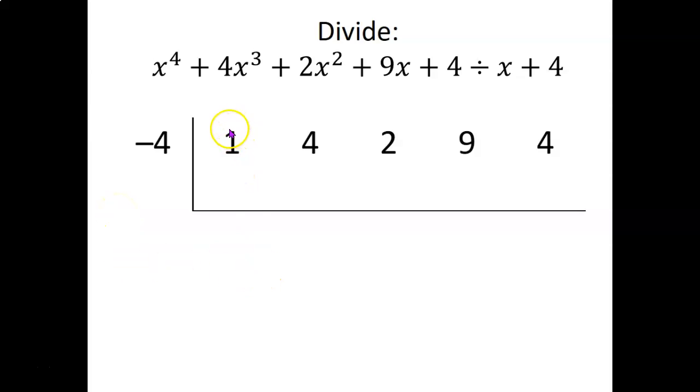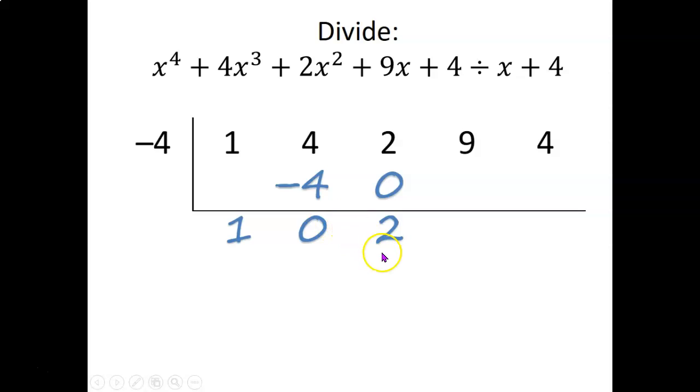Now, start by just bringing down this 1. Just write it down here below the line. Now multiply negative 4 times 1 and write the answer here, negative 4. Now add 4 plus negative 4 is 0. Now multiply negative 4 times 0 would be 0. Now add 2 plus 0 is 2.